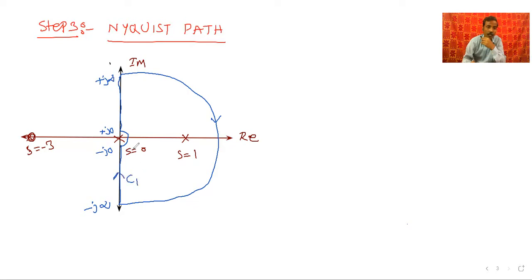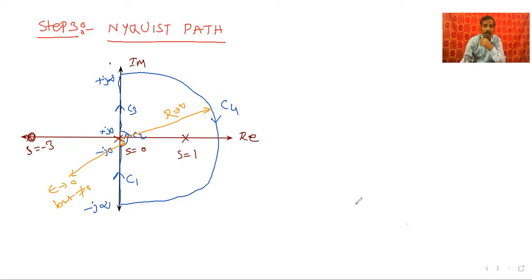This is C1, this is C2, this is C3, this is C4, and the radius R tends to infinity, and this small radius epsilon tends to 0 but not equal to 0.